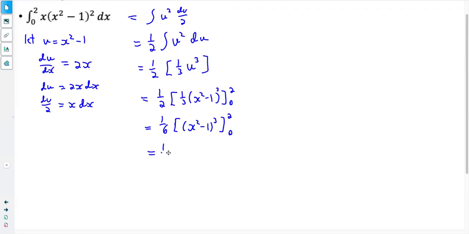So this would be the same as 1/6 times 2 squared minus 1 cubed minus 0 squared minus 1 cubed.